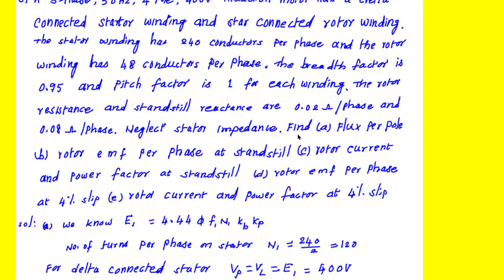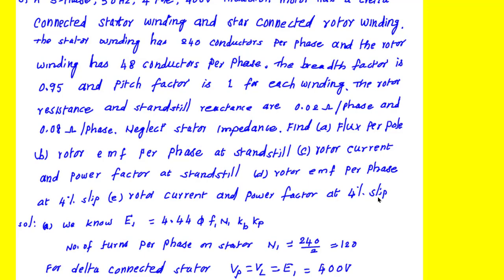Neglect the stator impedance. Find: A bit, flux per pole; B bit, the rotor EMF per phase at standstill; C bit, rotor current and power factor at standstill; D bit, rotor EMF per phase at 4% slip; E bit, rotor current and power factor at 4% slip.